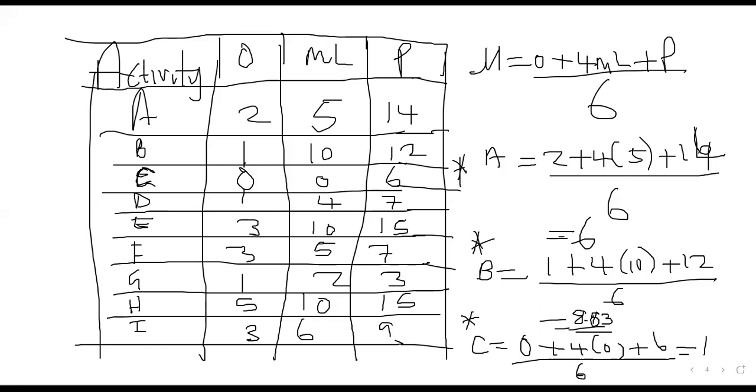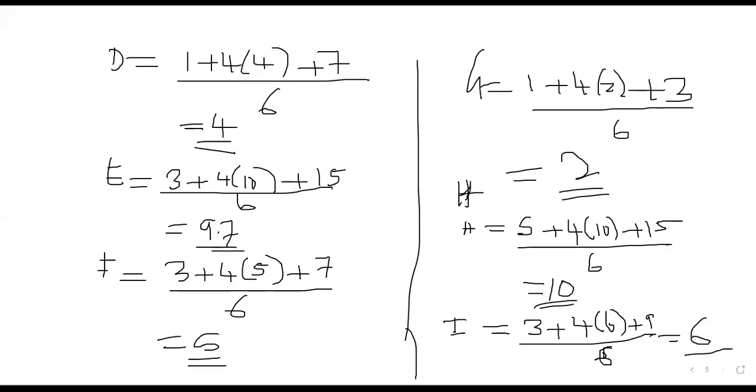Our D is 4. Our E is 9.7. F is 5. Getting down to G is 2. H is 10. I is 6. So this is just about what we have.